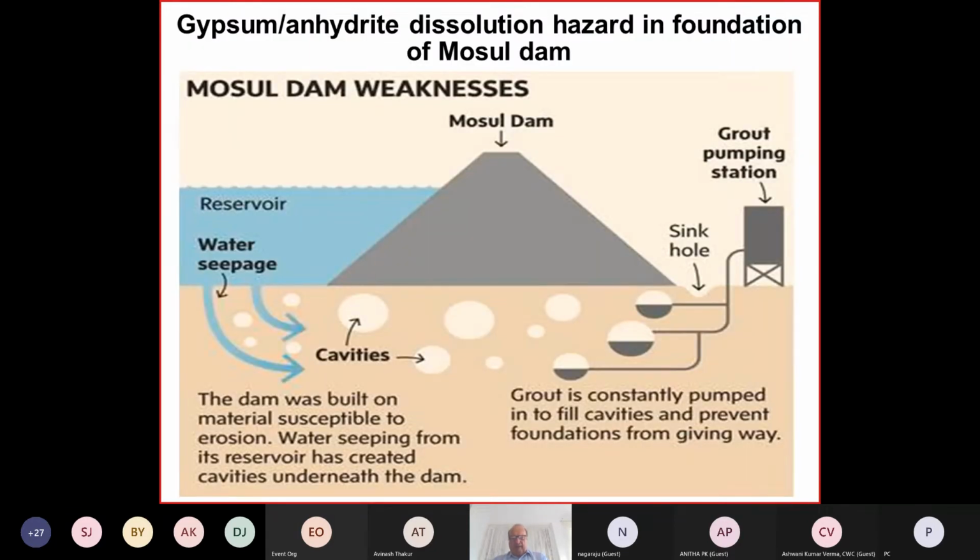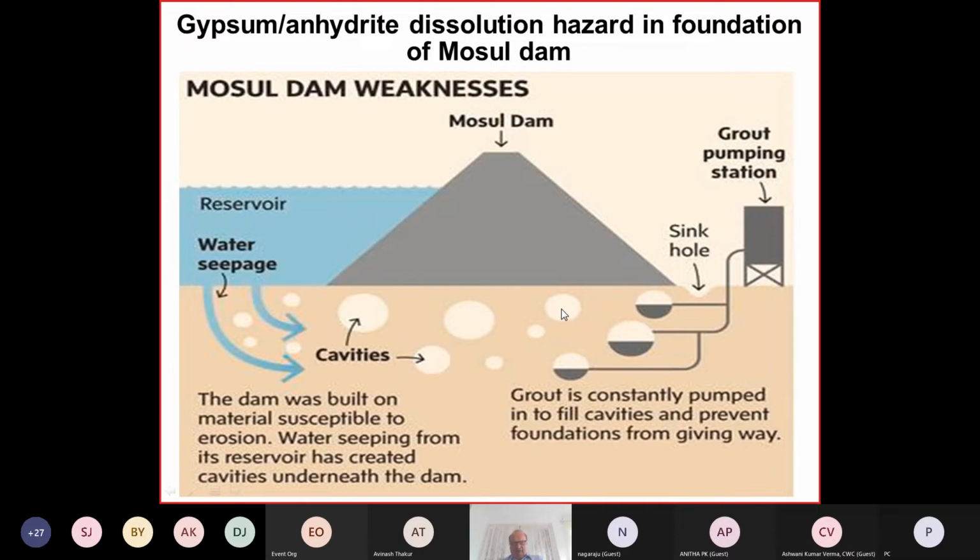Okay, now Mosul Dam, the problem is that in the foundation rock, this is just a simplistic view, there's gypsum anhydrite, and if the reservoir is built, you have a seepage in the foundation, and the water seeping through the foundation dissolves the gypsum, and as a function of time, it will create cavities.